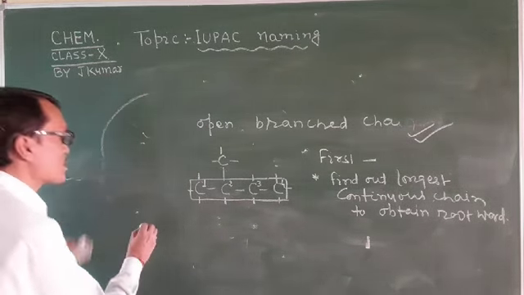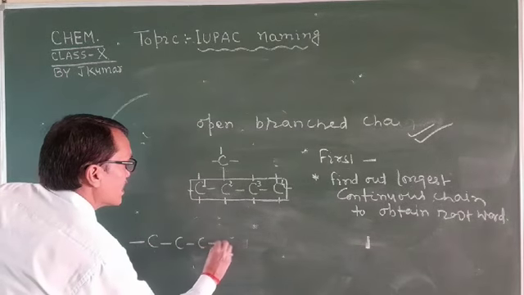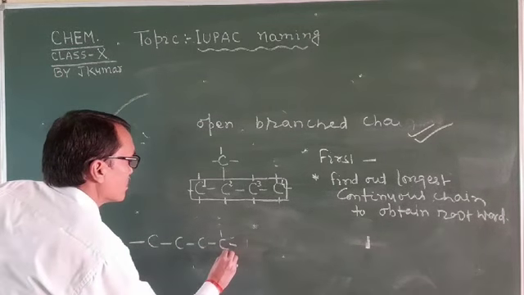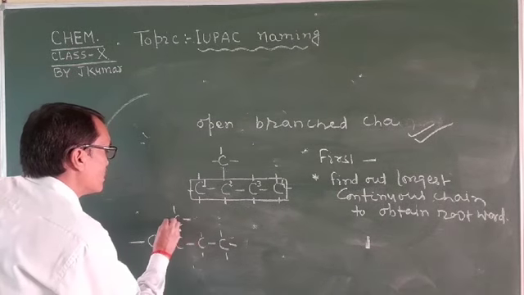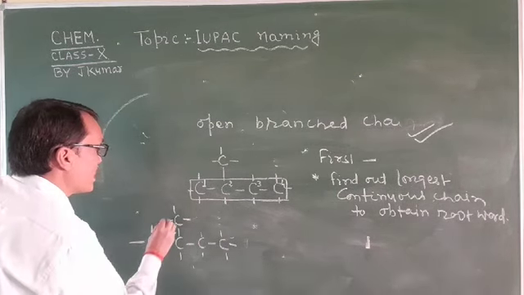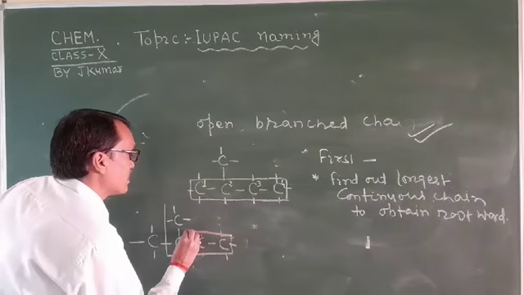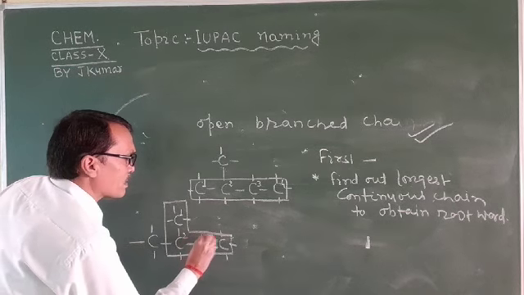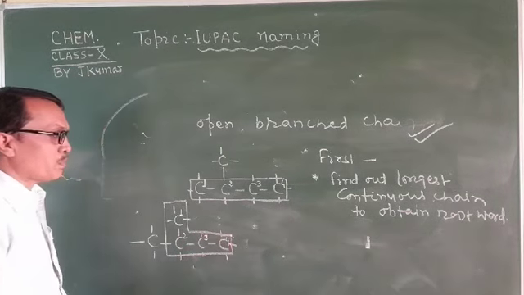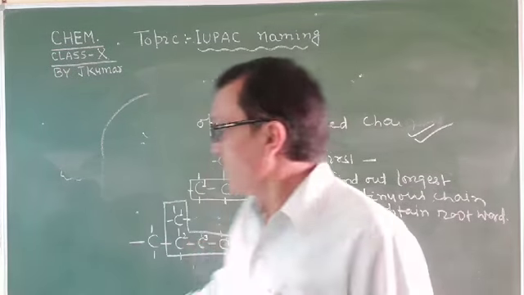Okay, students, some students may take this as the longest continuous chain, and this is not wrong. Yes, you can also take this as the longest continuous chain. In this case also the longest continuous chain is of 4 carbons. So students, both are correct.